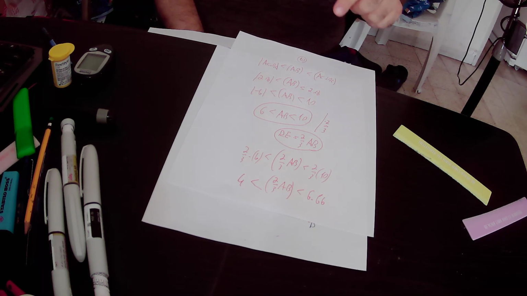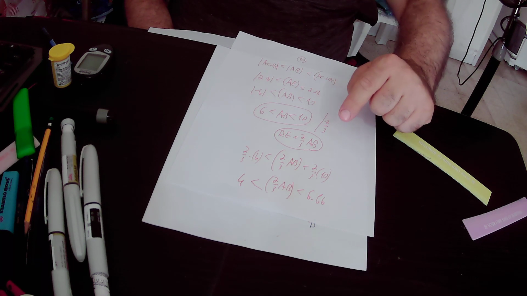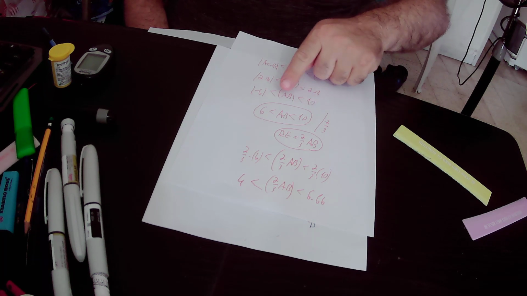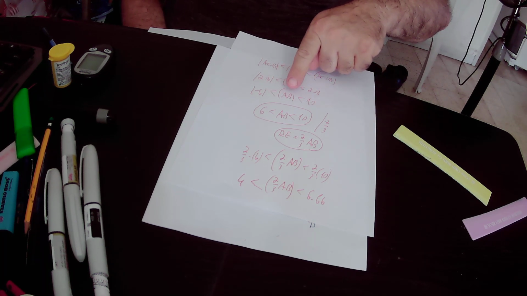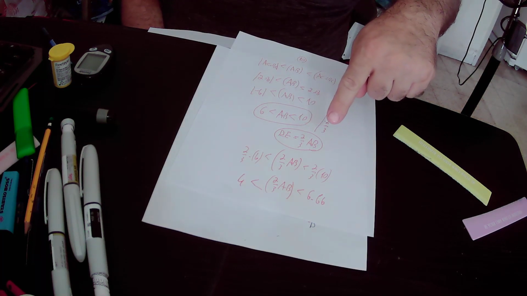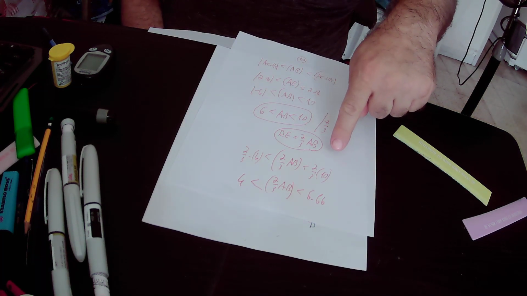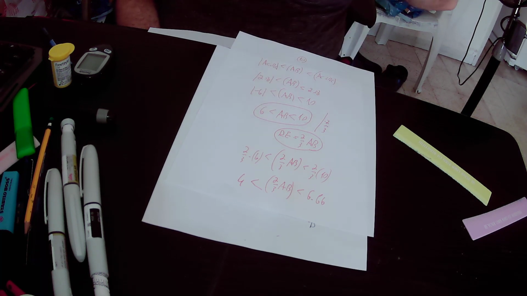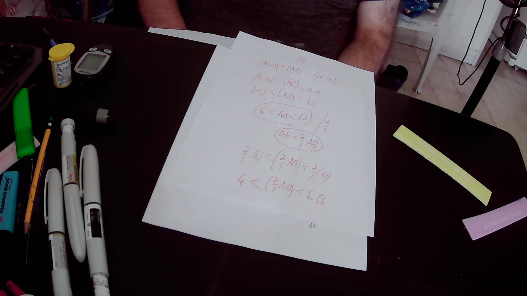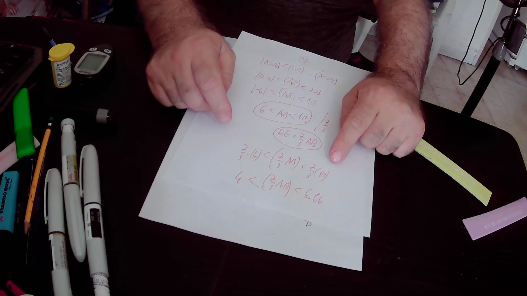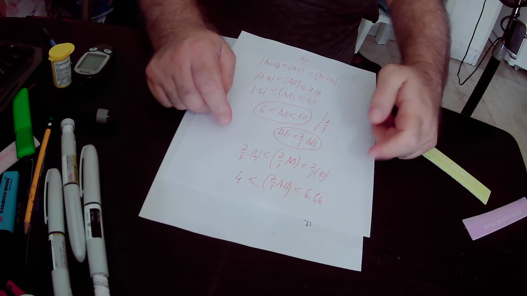But we have already found out that DE equals 2/3 AB. So we multiply this expression by 2/3 and we get that 2/3 AB is smaller than 2/3 times 10 and greater than 2/3 times 6. 2/3 times 6 is 4 and 2/3 times 10 is 6.66.